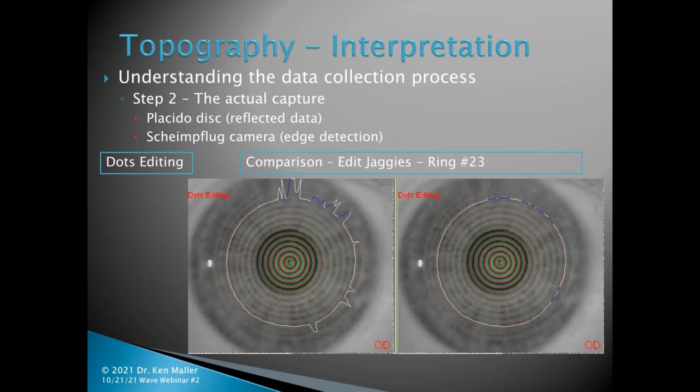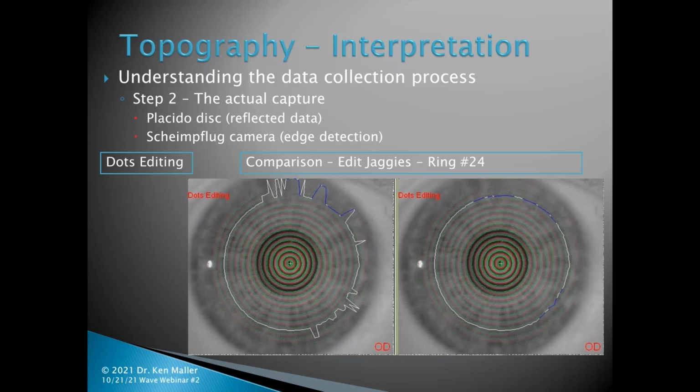When we move to the next ring at 23, it gets even worse, but my image on the right is very clean looking. On 24, it's getting considerably worse, and that's very typical that the further out from center you go, the more irregular the data can become.